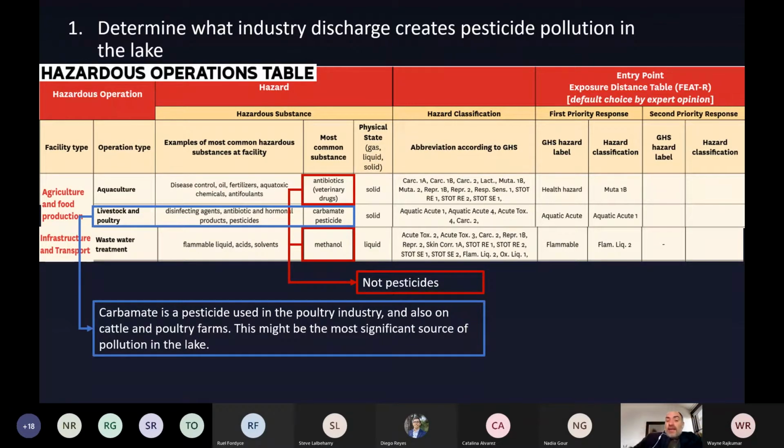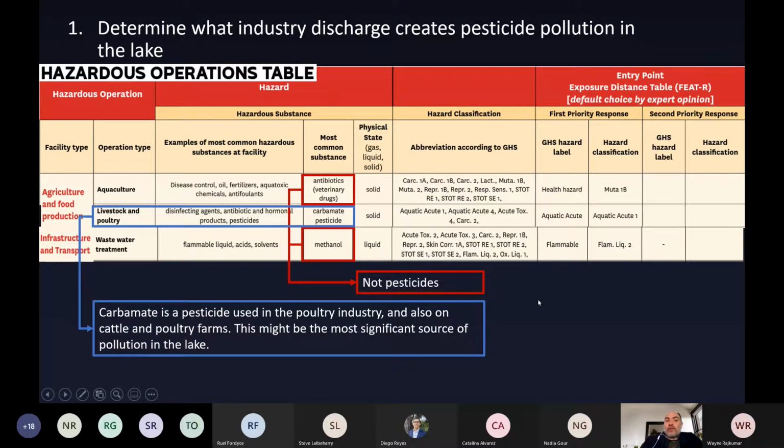So what comes next? I've determined what kind of industry I would make some in-depth analysis on, and I've got a substance, a pesticide.